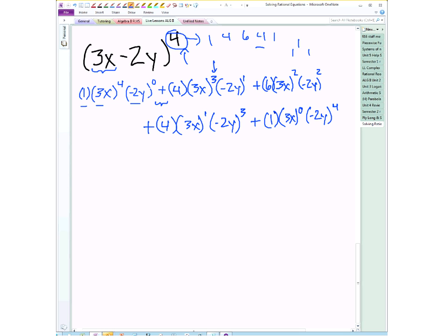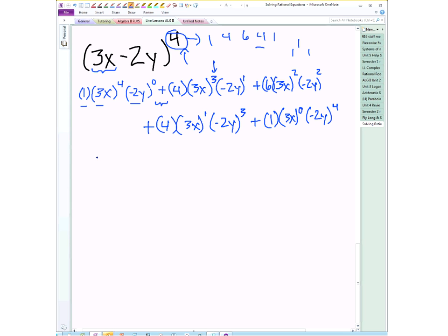All right, like I said, so one of the reasons I wanted you to see this example. When we don't have an addition sign in the binomial that we're expanding, it's going to get pretty complicated with the signs. But the good news is we're still just following order of operations here. All right, so we're going here from this 1 times 3x to the 4th times negative 2y to the 0.